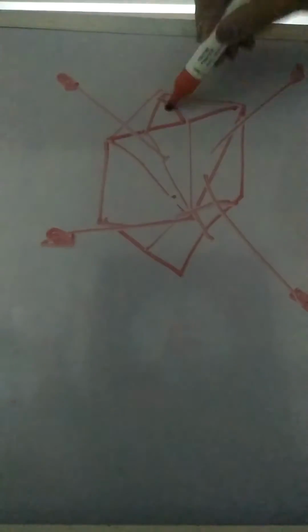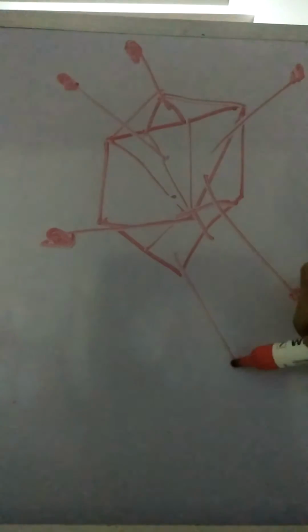Now some projections like this are coming out of the virus. These are pentons having a fibrous stalk and a knob which binds to specific receptor sites on the host cell. Now let's talk about the resistance of this virus.